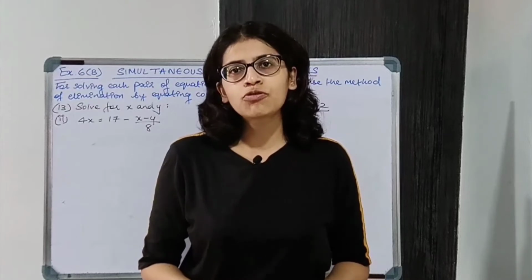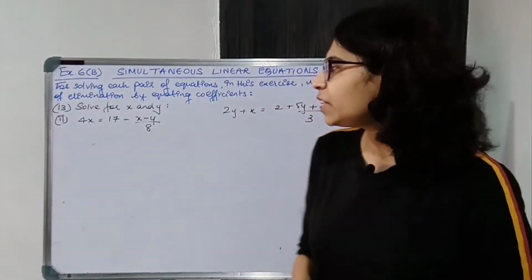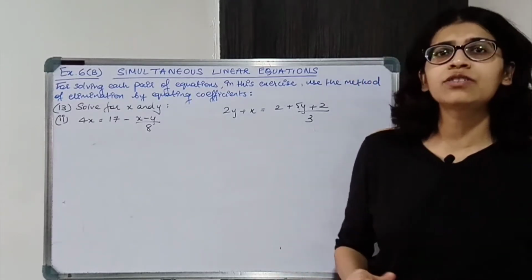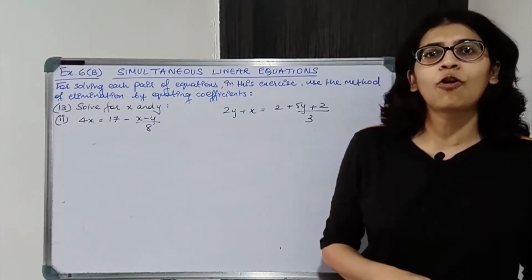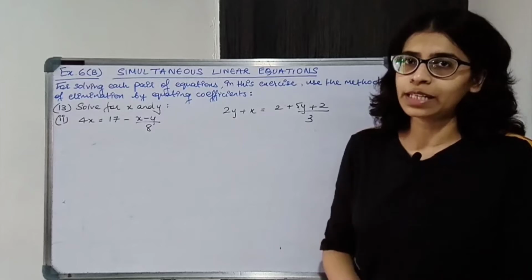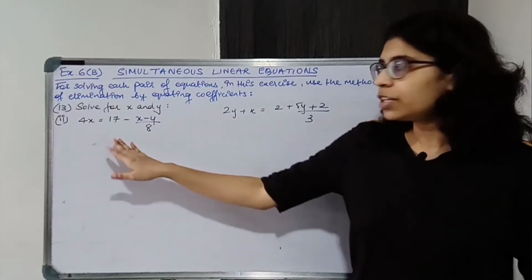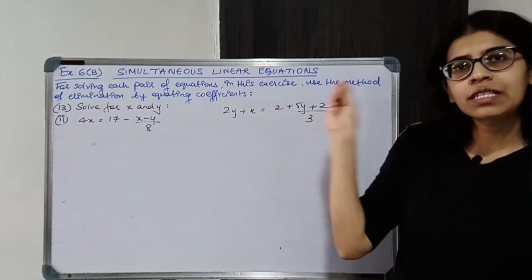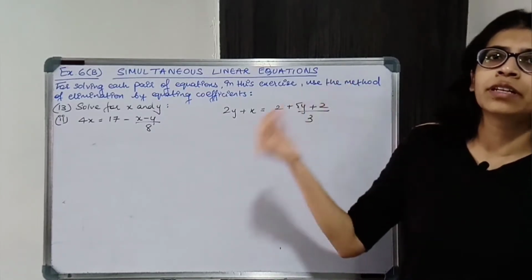Coming to sub question 2 of question 13. Again we have to find the value of x and y, and the first step is to bring the equations in the form ax plus by equal to minus c. Okay, it is not in that form, so we have to bring it in the required form. That is, variables should be in the LHS and the number in the RHS.